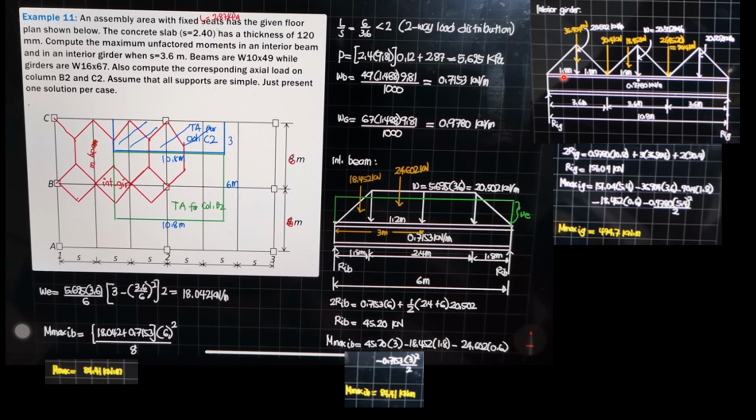because these reactions do not cause bending of the beam, but they cause axial reaction at this column here or in any columns as long as the girders are attached to them.